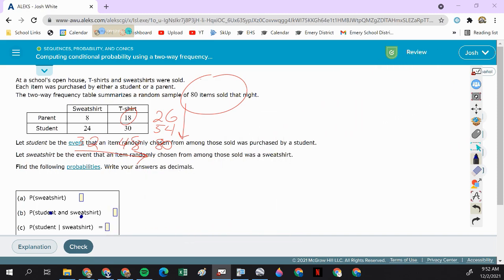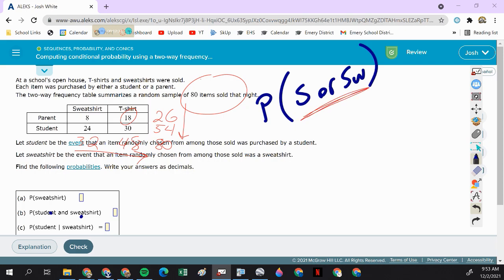Okay? What is the probability of randomly picking a person, and that person is a student or a sweatshirt purchaser? This one's a little harder. You could do it that way. Yeah. So who are we talking about here? Who are these people?